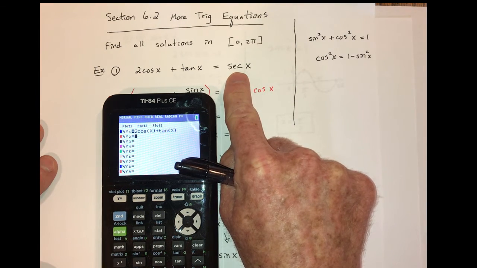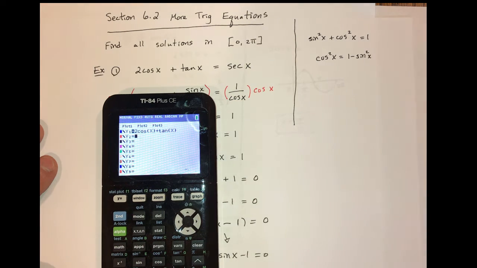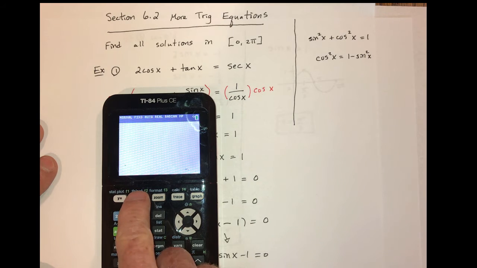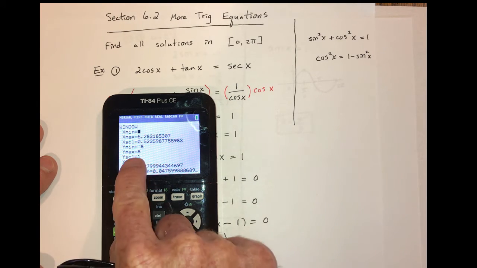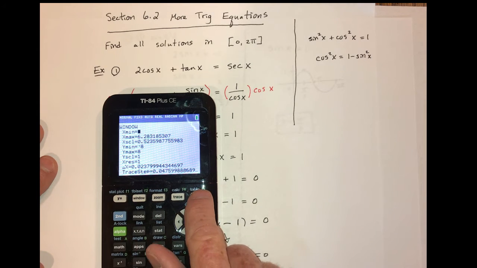Well, my calculator doesn't have secant, so I'll need to use 1 over cosine. The window goes from 0 to 2 pi. Right now, the y's are going from negative 8 to 8. I think that'll be enough to see the graph.